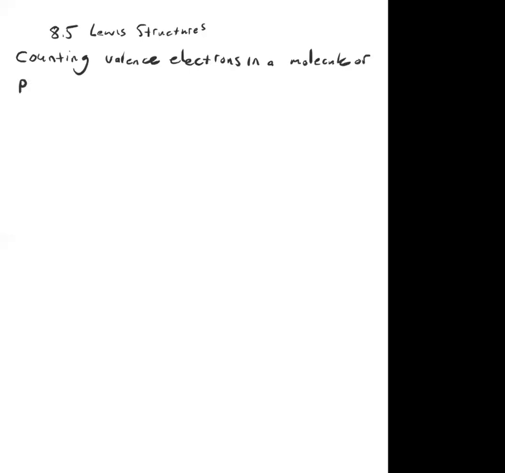Okay, so let's get back into our Lewis structures here. So this is going to be counting. So this is section 8.5, Lewis structures. Valence electrons in a molecule or polyatomic ion.